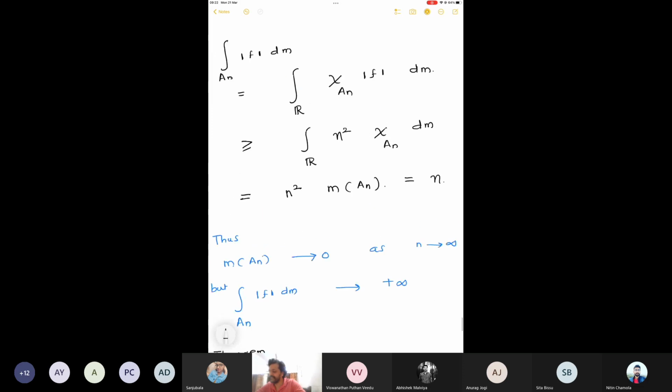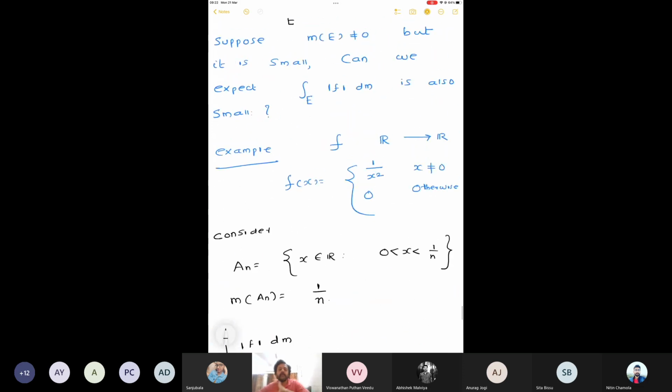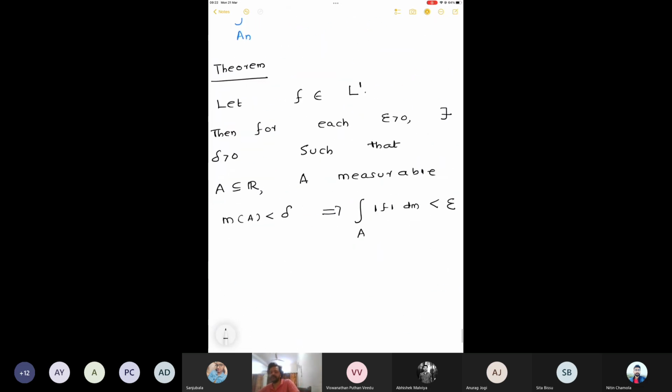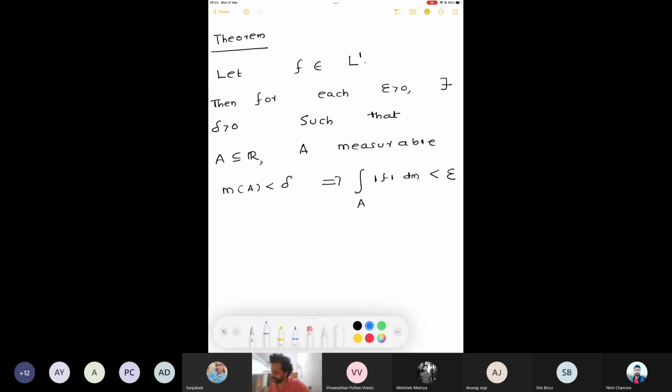The example tells that it may not be possible: when measure of a set is small, then integral may not be small. Why did this happen? Because the function that we took there is not a Lebesgue integrable function. Please check it. But once you start with a Lebesgue integrable function and measure of a set is small, integral over that set also will be small. Is that okay?